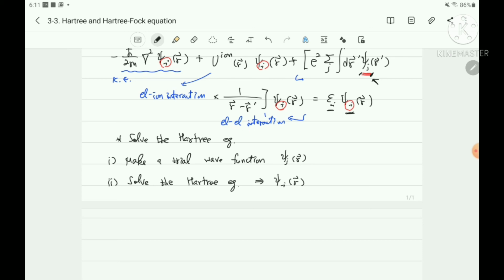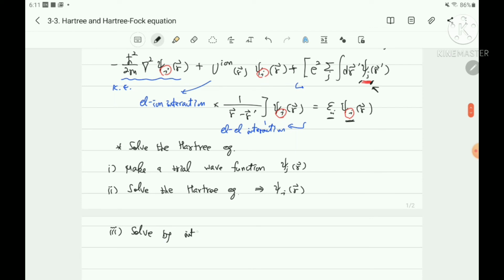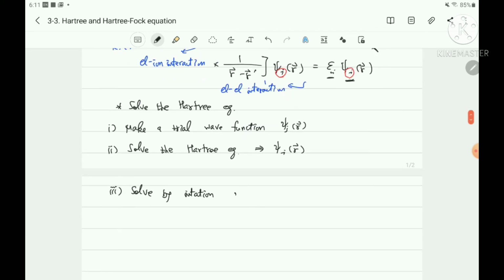and eigenvalue epsilon I. Then this psi I should be replaced by psi j also, and we solve again. We call it an iteration method.